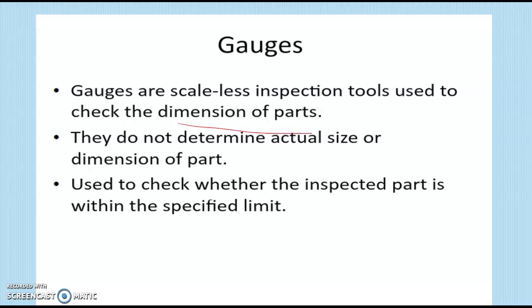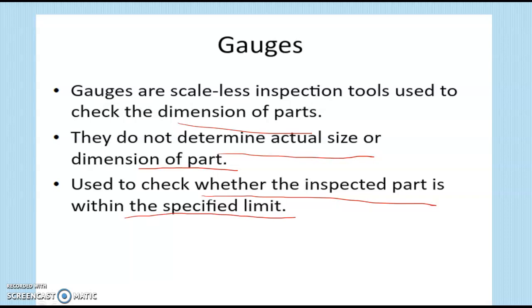They do not determine the actual size or dimension of a part, and they are not used for measurement. These are used to check whether the inspected part is within the specified limit, that is the maximum limit and minimum limit of a feature.